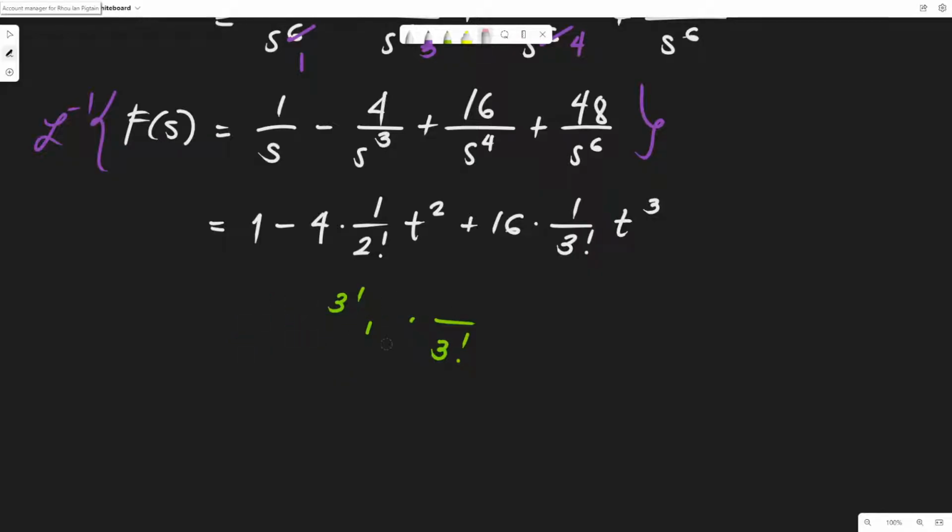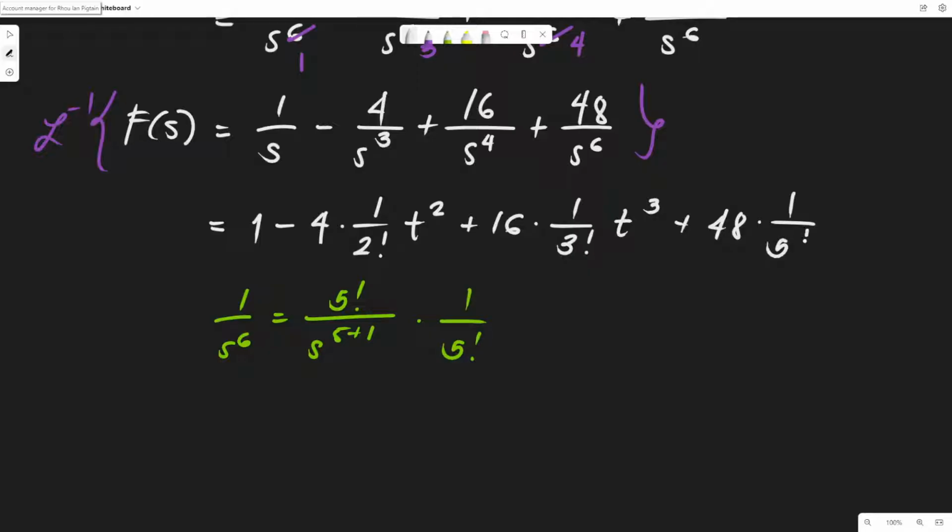Okay, then last, yung s raised to 6 natin. So this is 5 factorial over s raised to 5 plus 1 times 1 over 5 factorial. So lalagay na lang natin yung 48 times 1 over 5 factorial, then multiplied to t raised to 5. Ayan, ganun lang kasimple gamitin yung inverse Laplace transform table natin.